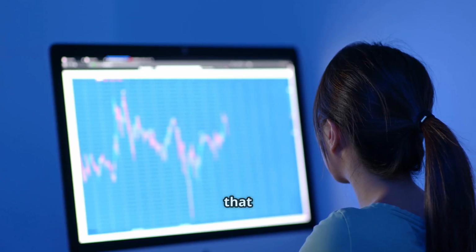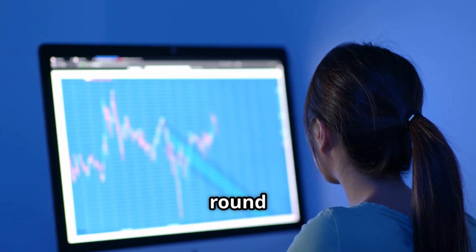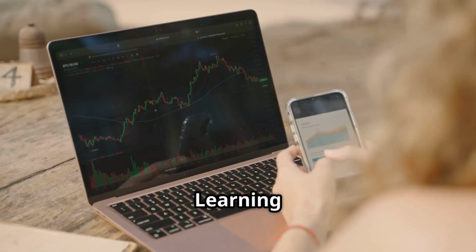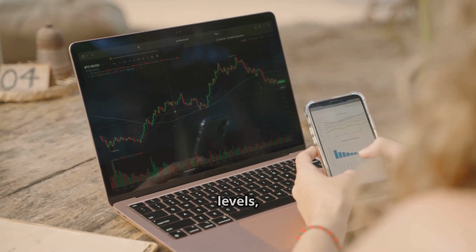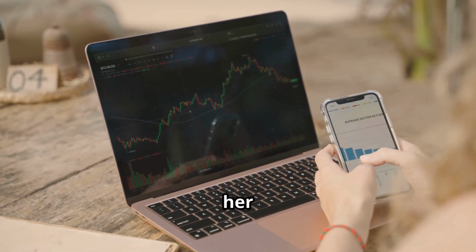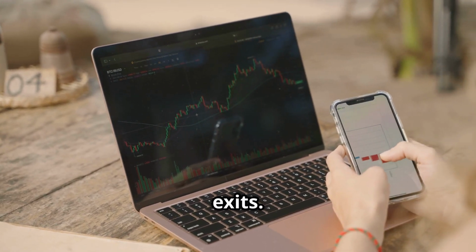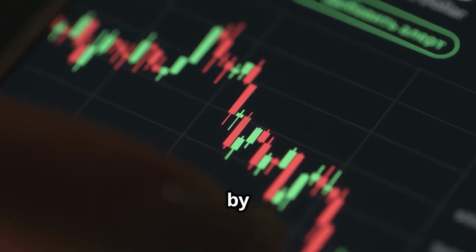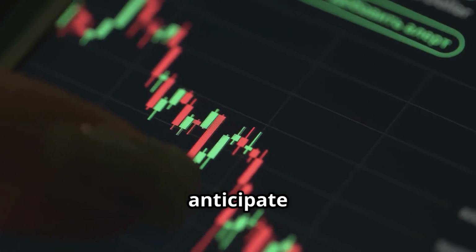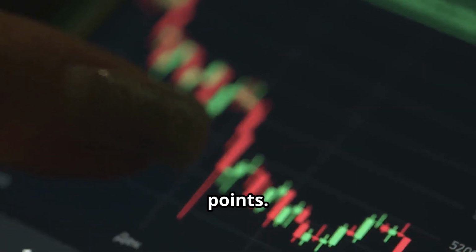Sarah noticed that prices often stalled at round numbers, but didn't understand why. Learning about psychological levels, she anticipated these pauses, optimizing her trade entries and exits. Consider the edge you'll gain by understanding these subtle market cues, allowing you to anticipate potential turning points.